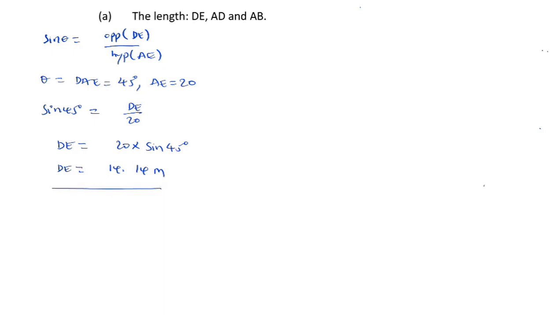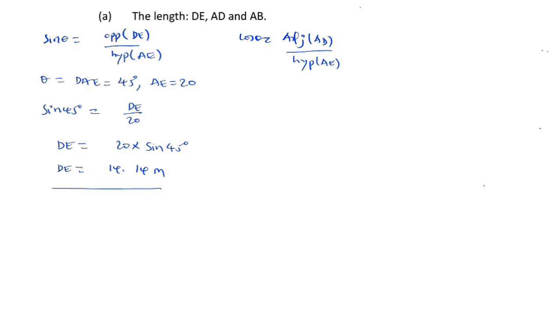Okay, so next let us find the length AD, for which we are going to use the cosine formula. Okay, so the formula says cos theta equals the adjacent side, which in our case is AD, over the hypotenuse side, which in our case is AE.